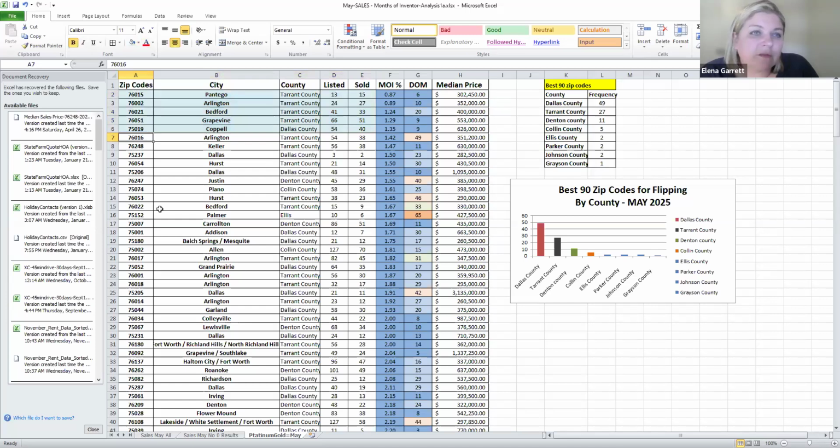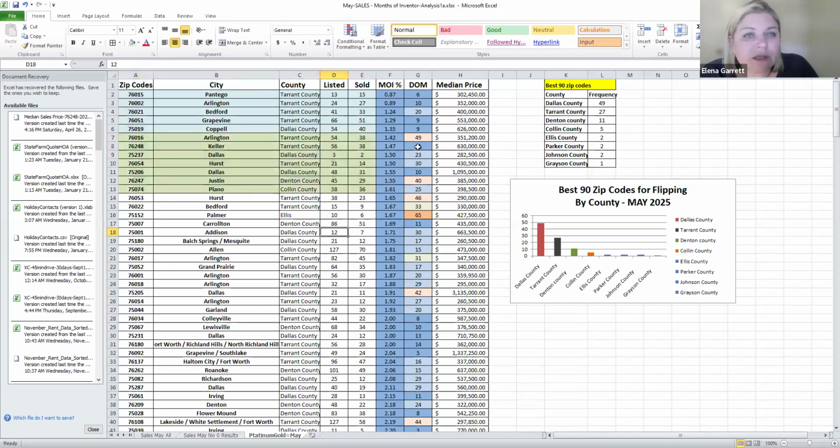These zip codes, 76016, which is Arlington, 76249, which is Keller, 75237, which is Dallas, 76054, which is Hurst, and 75026, which is Dallas. Those are also excellent zip codes because if you look at their days on market and look at the months of inventory, these homes will be easy peasy to sell once you're ready to sell.